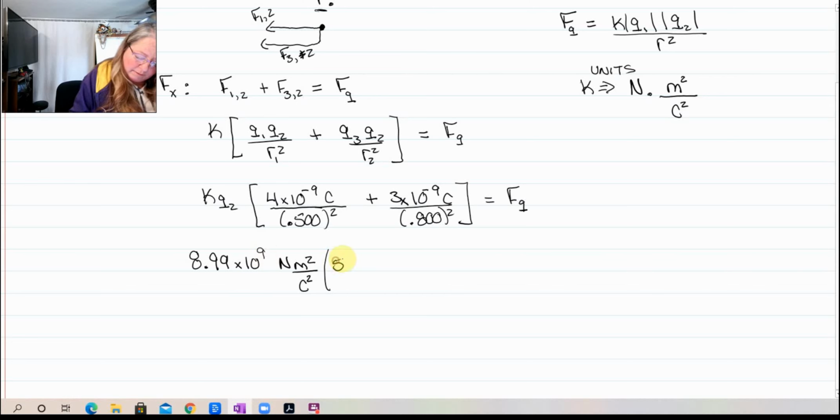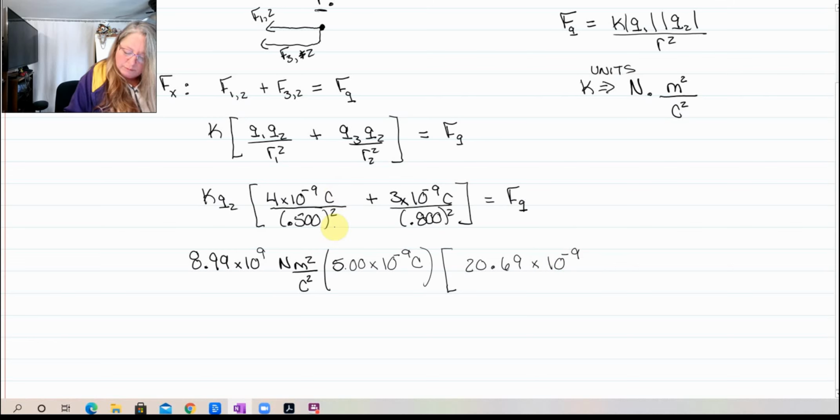And then my 5.00 times 10 to the negative 9 coulombs. And then this is times what I came up with in the brackets, 20.69 times 10 to the negative 9. What are those units? Well, coulombs over meters squared.